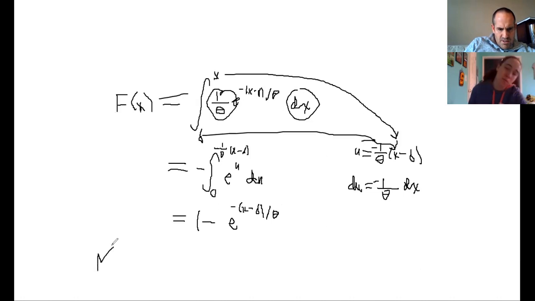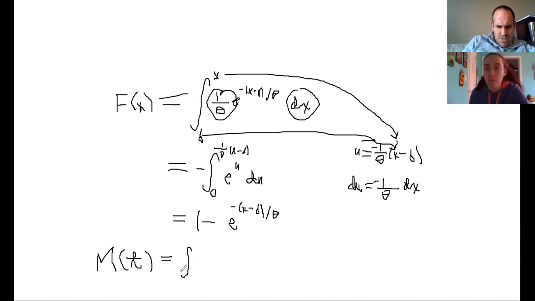It's going to be M of t equals, well, it's going to be the integral from delta to infinity. This is supposed to be a delta, not a 6, right?